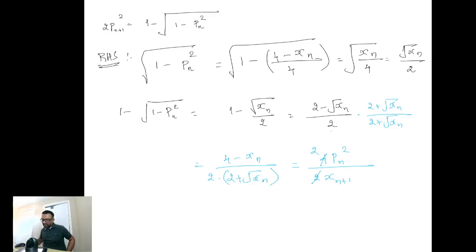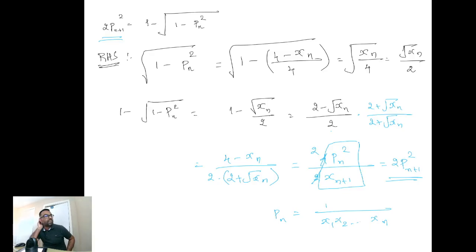But what is Pn square? Pn square is the same as 1 by x1, x2 up to xn. This is Pn square, right? And if I multiply by this n plus 1, then this exactly becomes Pn plus 1 square. And that essentially is what is our left hand side.